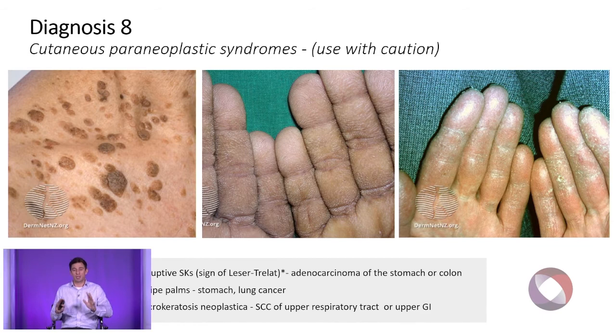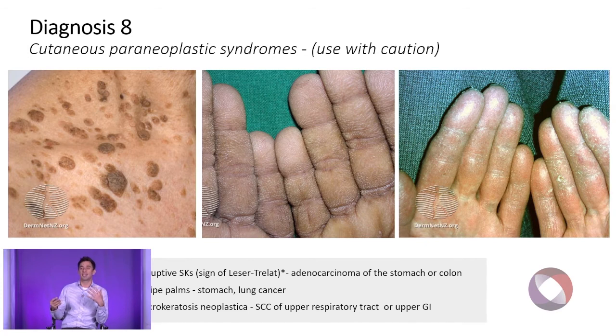With these paraneoplastic syndromes, the cutaneous manifestations are generally not helpful in localizing what type of cancer you have. There are some paraneoplastic syndromes where the syndrome that you get may actually help you track down what type of cancer is going on.